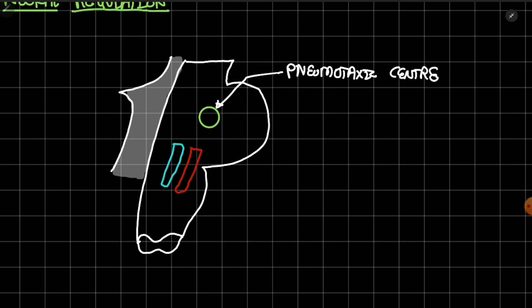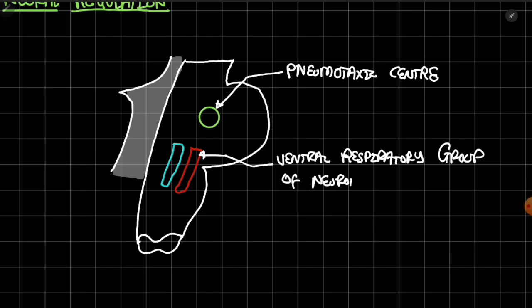What is this red and the blue structure? Basically the red structure, which is located more ventrally, is the ventral respiratory group of neurons, or simply we say VRG.